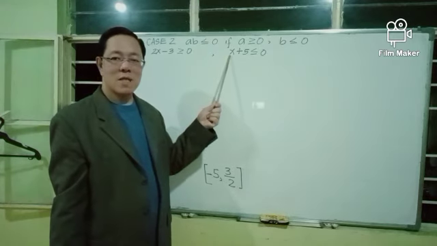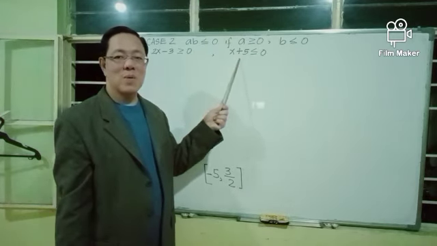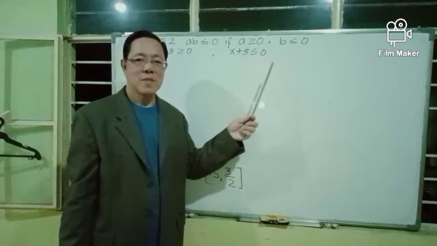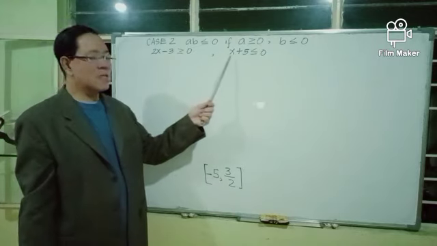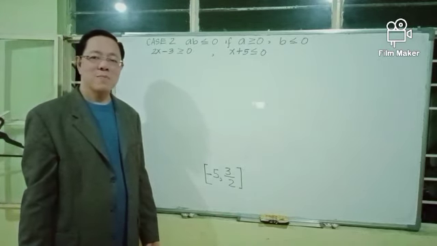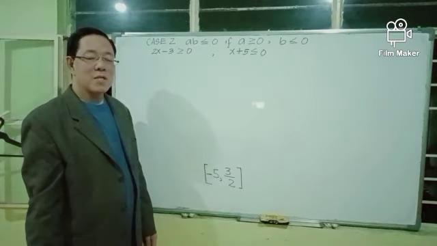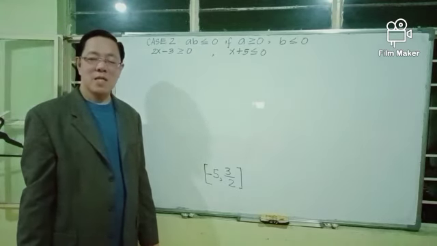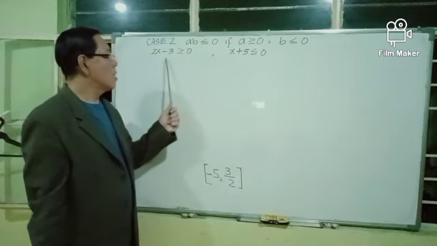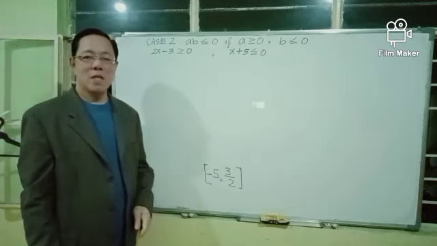That is, the second factor is x plus 5, and we take this as negative, or less than or equal to 0. And we solve these linear inequalities separately, and we take the intersection of their solutions. We take the solutions common to the solutions of these two linear inequalities.